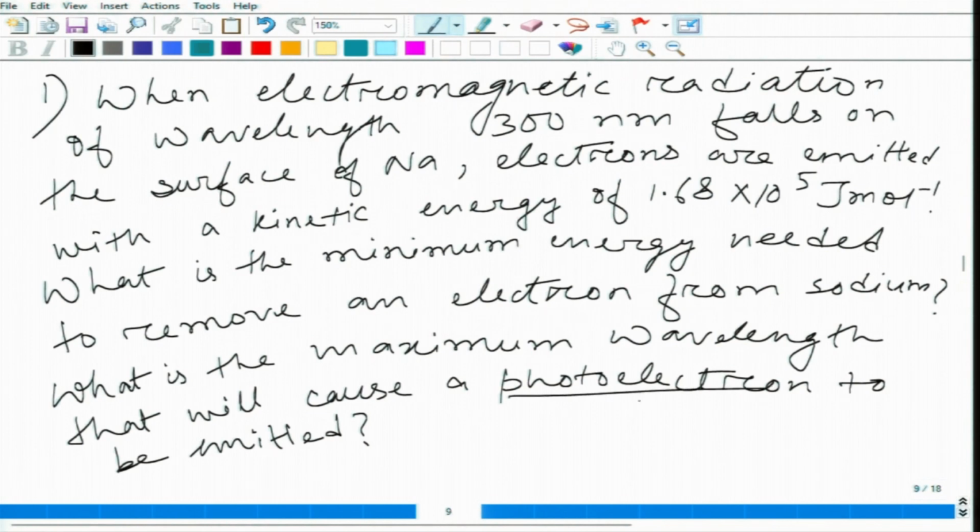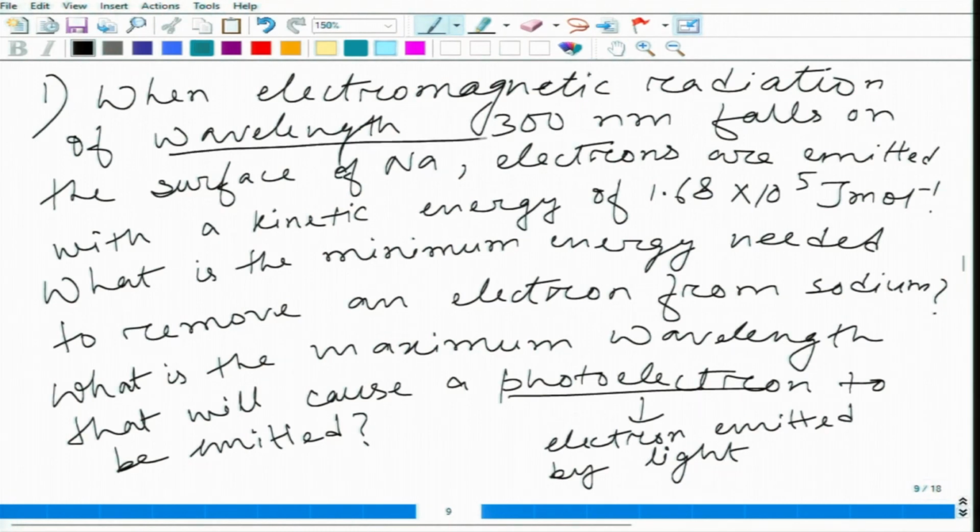First of all, photoelectron is actually electron emitted by light. Means the electron emitted due to photoelectric effect is called photoelectron. So here what we are given with, we have the wavelength, we have kinetic energy.